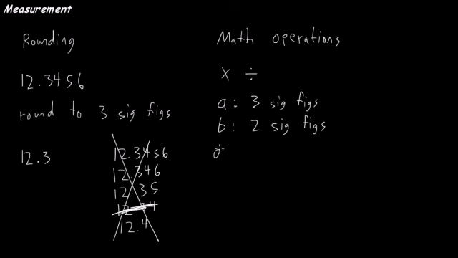Then A times B will have 2 sig figs. And the reason is because the answer should be as precise as the least precise number that you start with. So because B only has 2 significant figures, A times B is limited by that and it will only have 2 as well. And this applies whether you're multiplying or dividing, same thing.